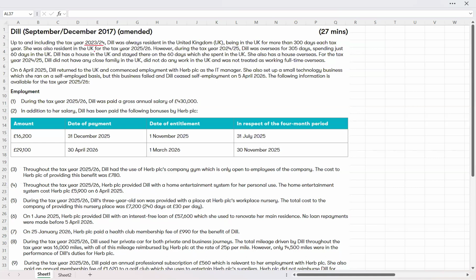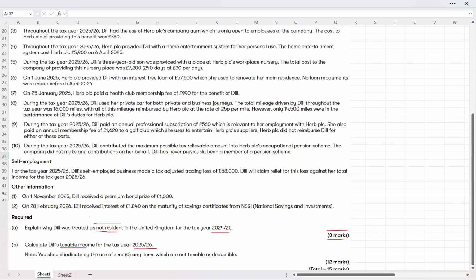She was also resident in the UK for the tax year 25-26. So it's only this one tax year break where we have to decide whether Dill would be considered a UK resident or not. But the question clearly states that Dill was not resident, and we just have to explain why.